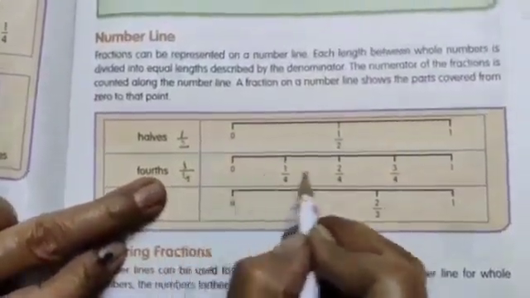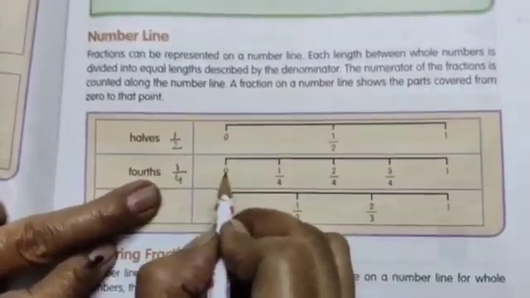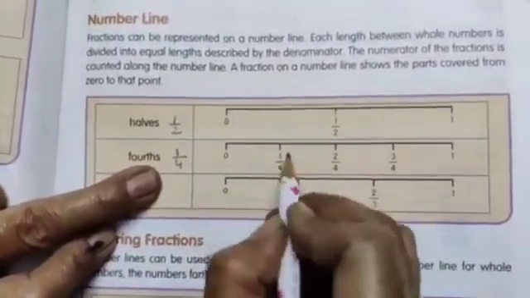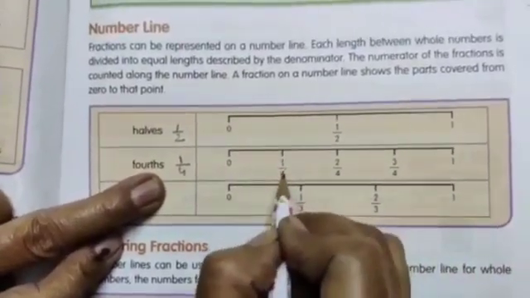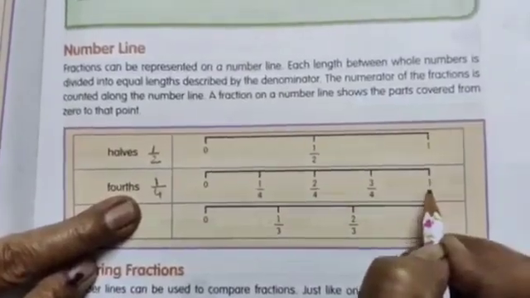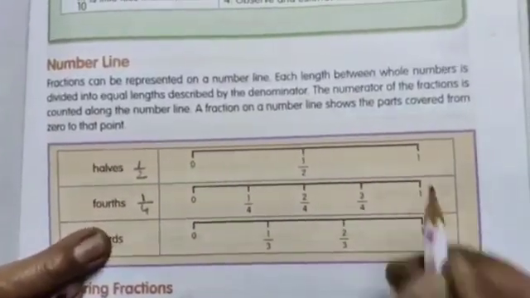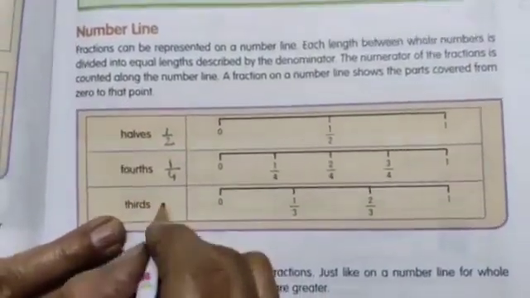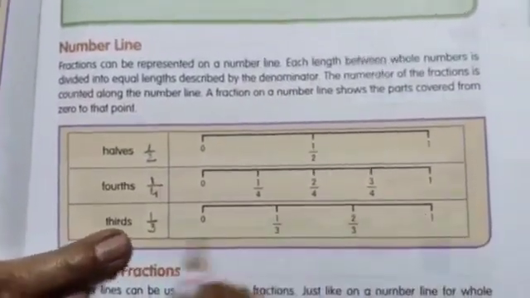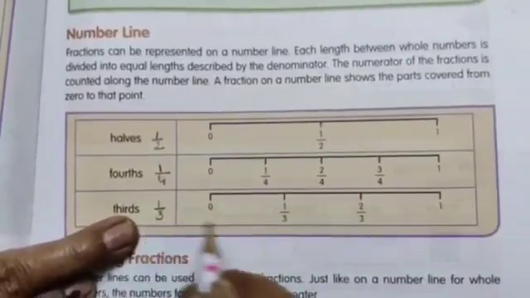So how many parts do you have to divide? 4 equal parts. So 0, 1/4, 2/4, 3/4, 4/4. 4/4 means 1 whole. Now thirds means 1/3. On this number line, how many parts do you have to divide? 3 parts.